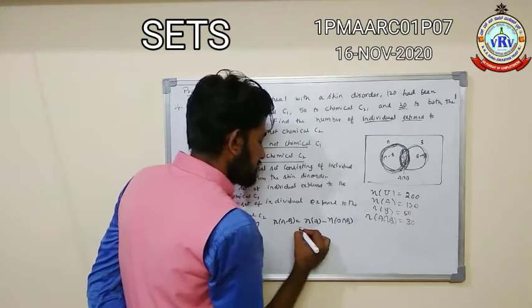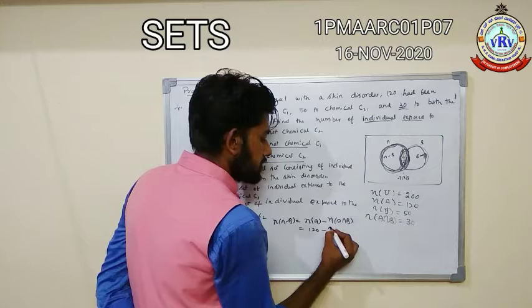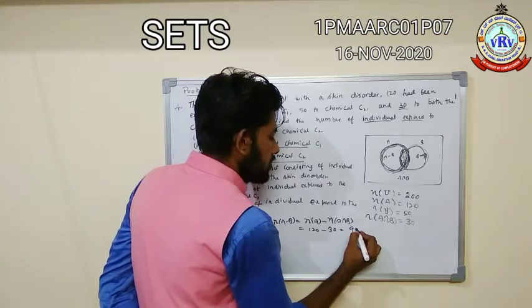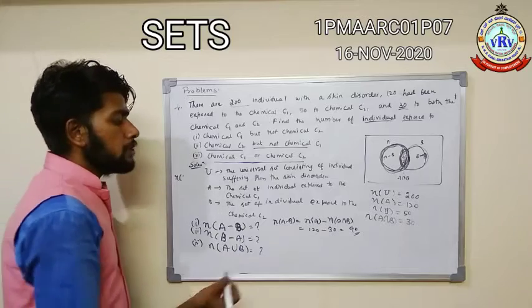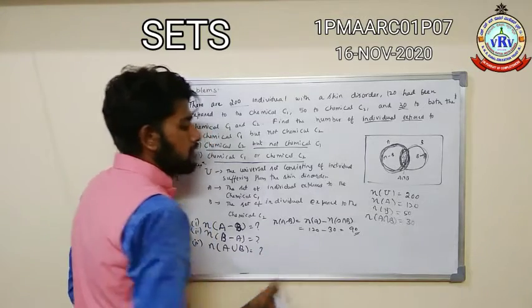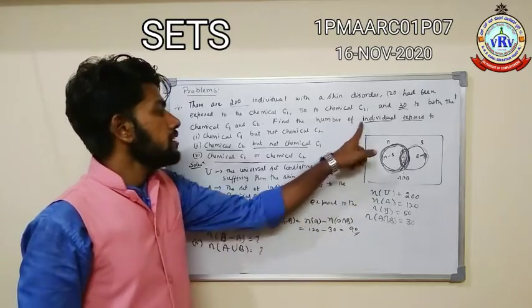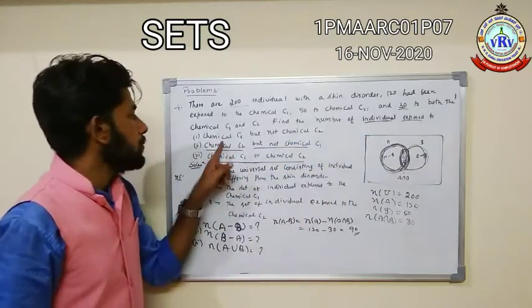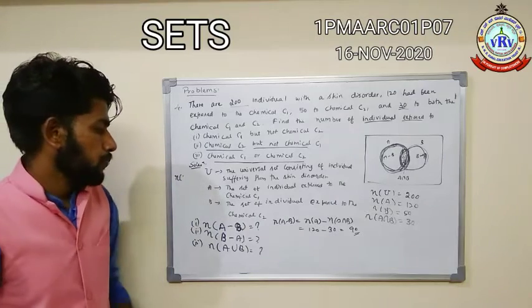So 120 minus 30, which is equal to 90. So the number of elements in A minus B is 90, or you can say there are 90 individuals exposed to the chemical C1 but not chemical C2.